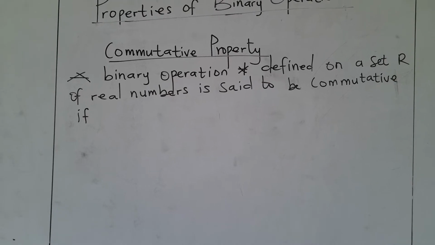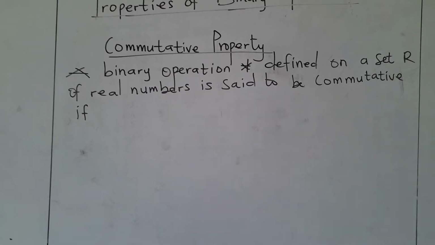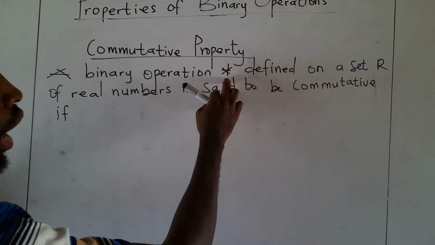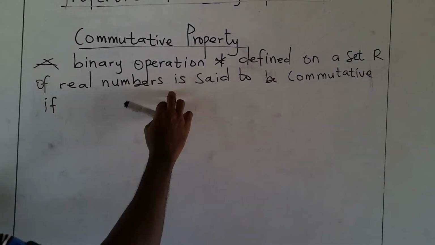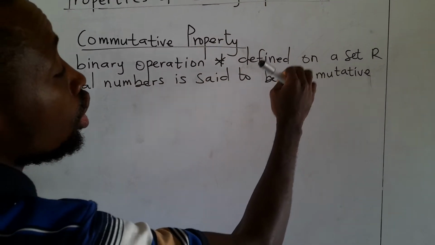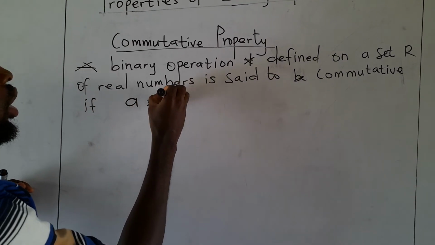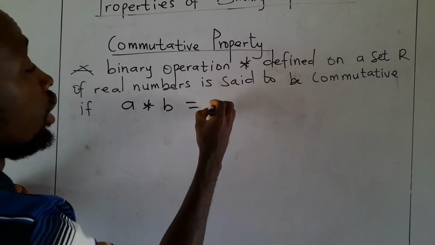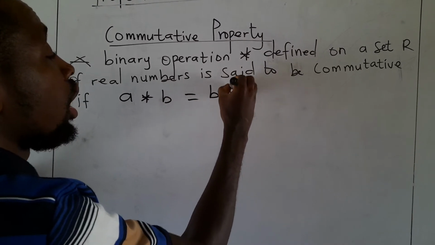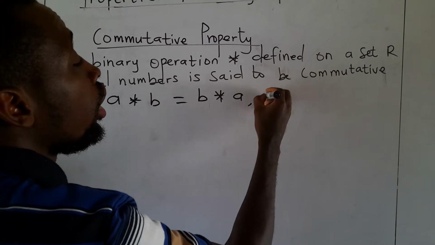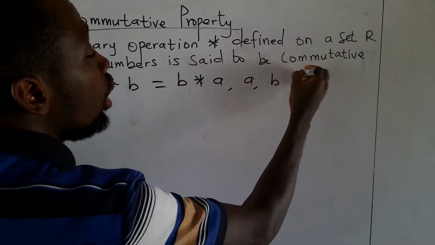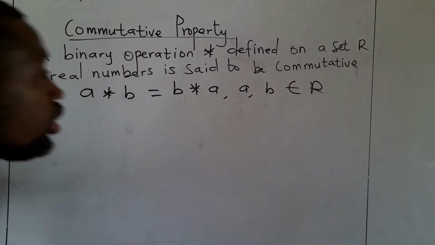So we start things off with the commutative property. We say a binary operation star defined on a set R of real numbers is said to be commutative if A star B is equal to B star A, where A and B are all members of real numbers.